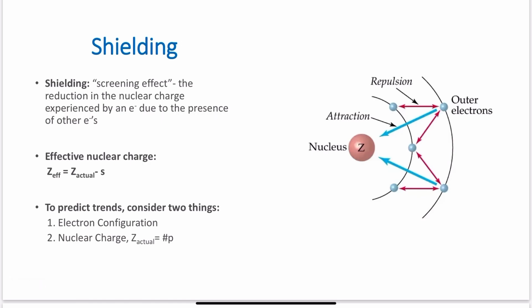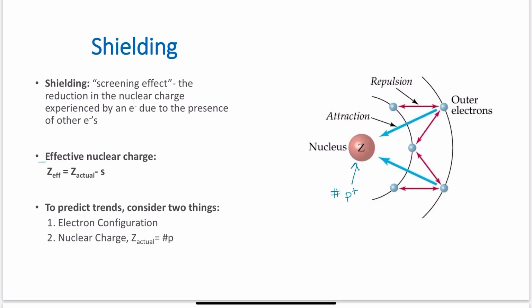Shielding, which is also known as your screening effect, is the reduction in the nuclear charge that's experienced by an electron due to the presence of other electrons. What does this really mean, though? Well, in Chapter 2, we defined the number of protons in an atom to be equal to the letter Z. But we have what we call Z actual.